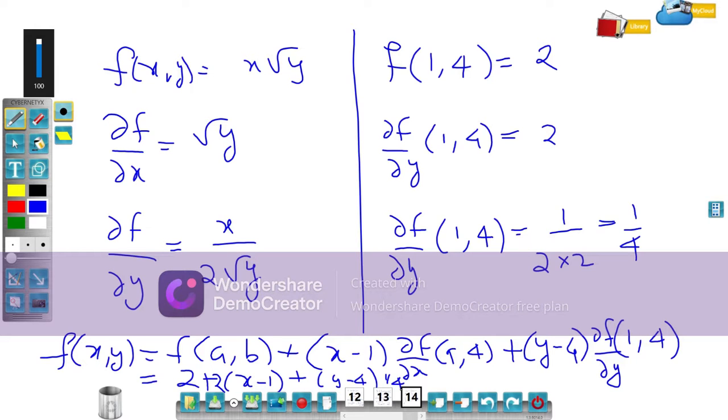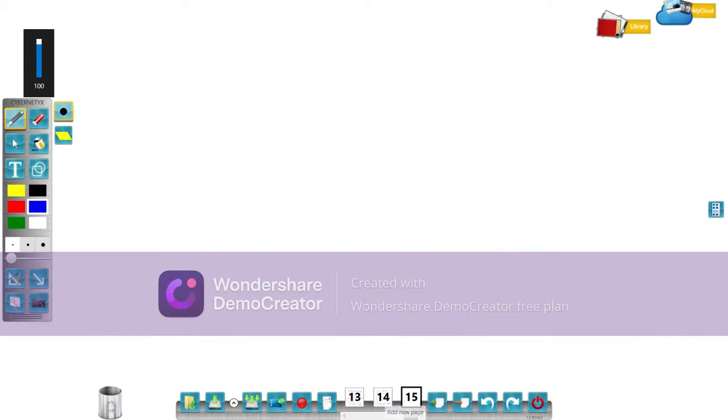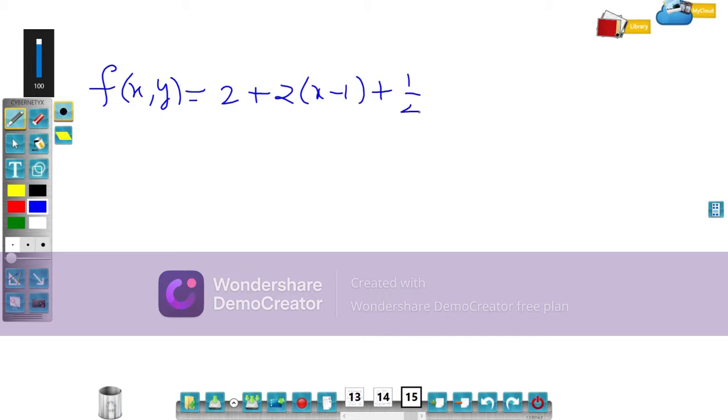So the answer is very clear now. I have approximated f(x, y) as 2 plus 2 times (x minus 1) plus 1 by 4 times (y minus 4), which is the same as 2 plus 2x minus 2 plus y by 4 minus 1.